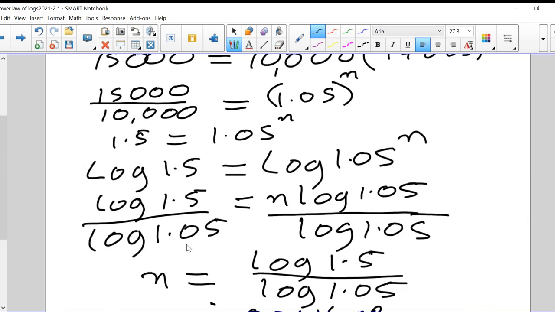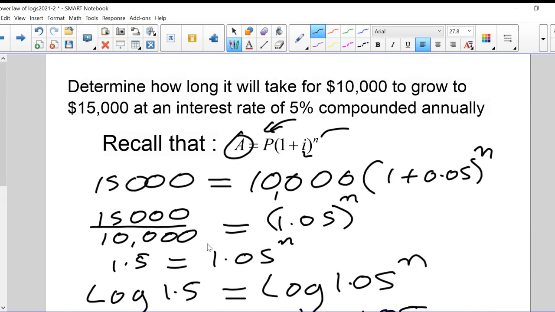Okay, so I can now confidently say, Mr. Financial Plan, I'm going to give this money to you, and in 8.31 years, I'm going to come back and expect a check for $15,000.